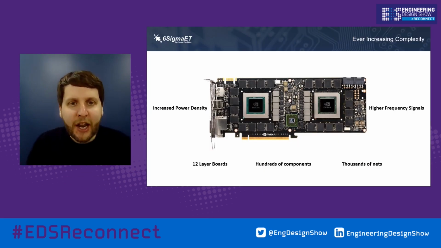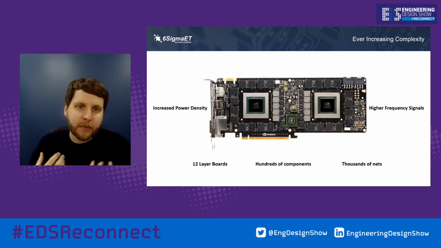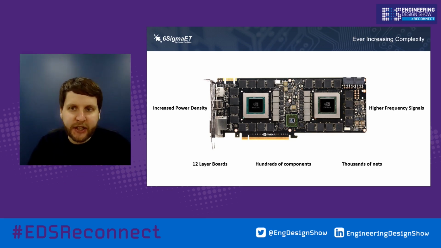So, electronics, as we all know, is getting ever more complicated, and there's so many things to consider. We've got increased power density, high frequency signals, high number of layered boards, hundreds of components, thousands of nets.